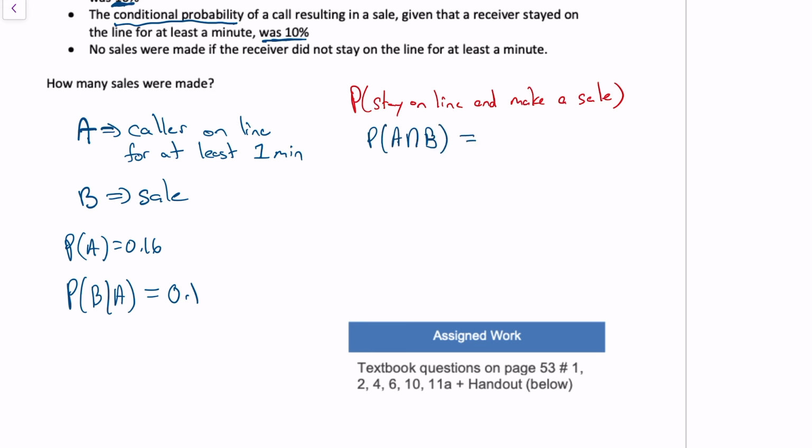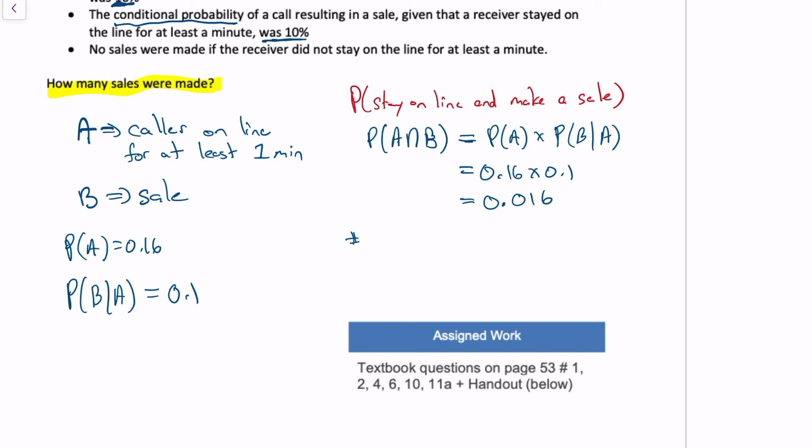So again, when it's A and B, you're just multiplying those two things together. So I'm going to take the probability of A times the probability of B given A. So 0.16 times 0.1, which gives me 0.016 or 1.6% chance. And in the end, they asked how many sales were made. Well, that gives me the chance of a sale.